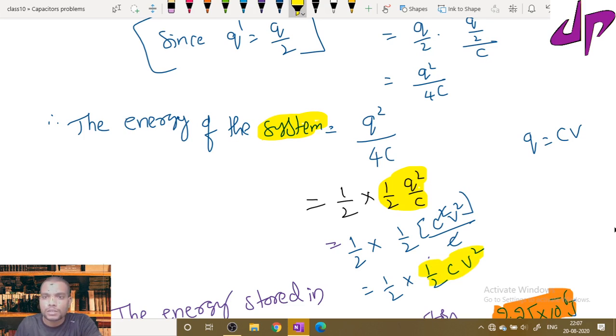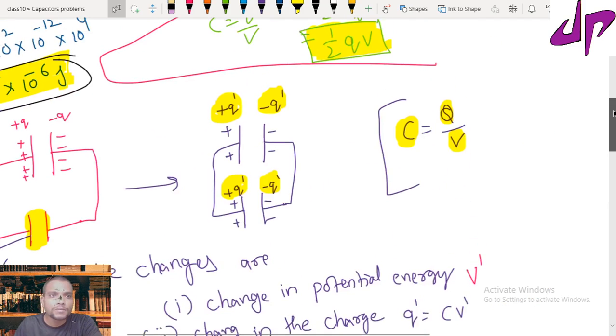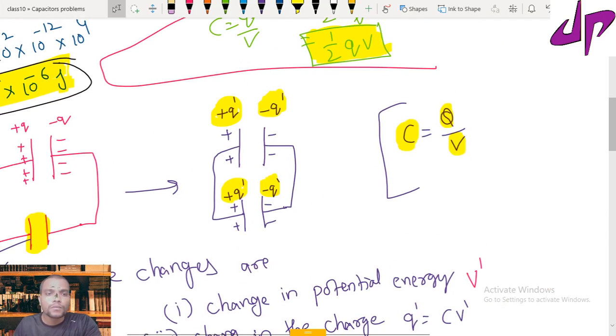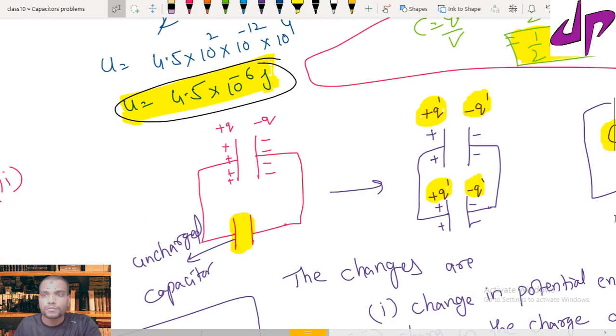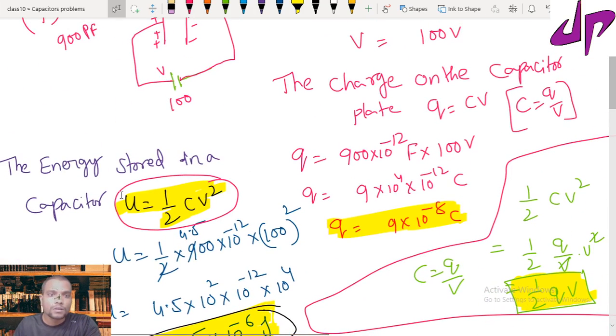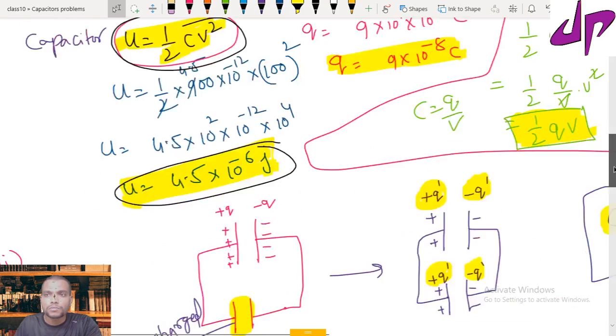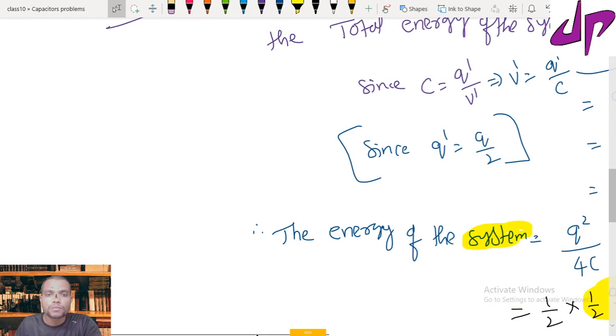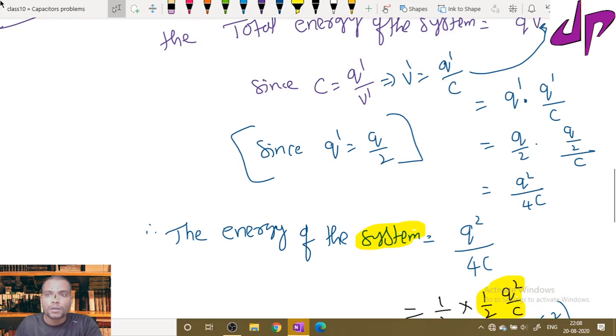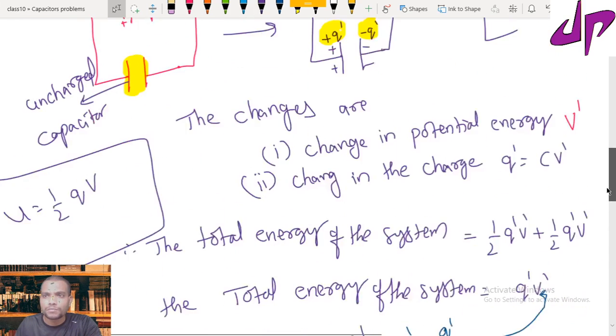Now I think it's okay. Now we got half cv square from the first expression. So this is the expression for half cv square, and if we substitute that value here, we will end up with the same.